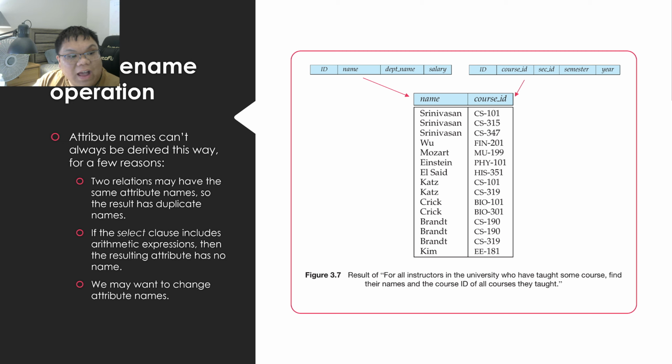Sometimes you cannot derive an attribute name in this way. For example, two relations might have the same attribute names, so the result could have duplicate names. If your select clause includes an arithmetic expression, then the resulting attribute will have no name. And sometimes you just want to change the name.